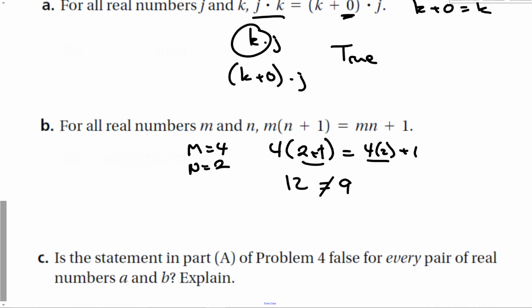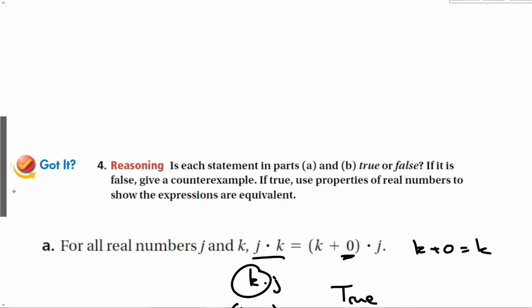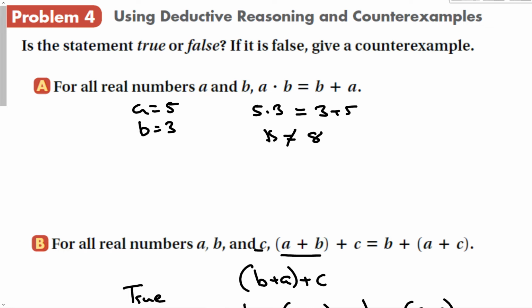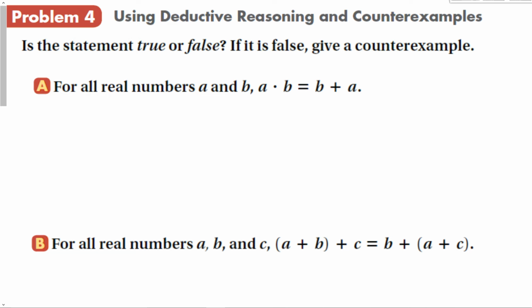If we go back to the very first problem, part A, is it false for every pair of real numbers? Is this expression always false? Was no matter what we picked never going to work? Well, let's try it again, except this time, let's say a is 2 and b is 2.